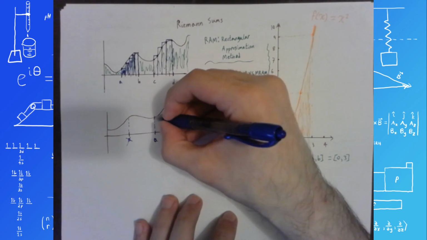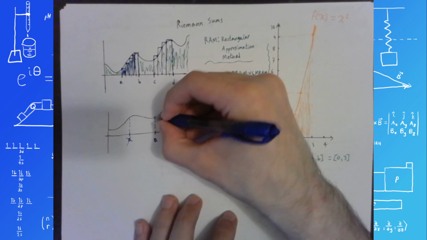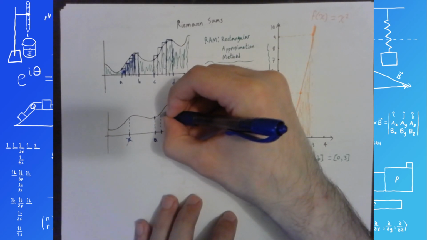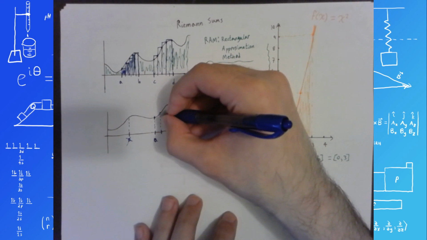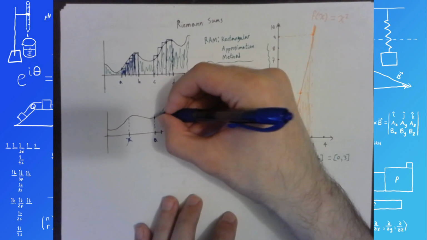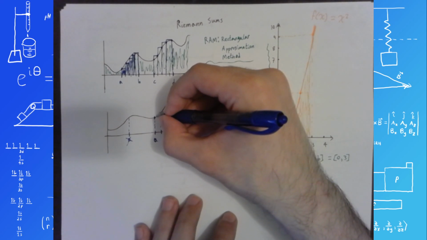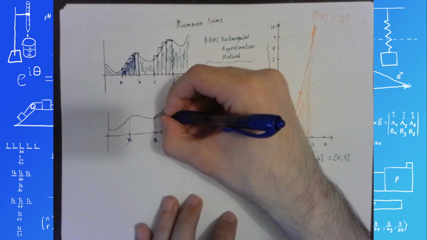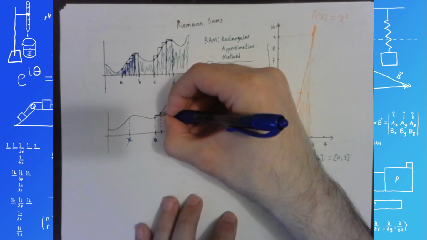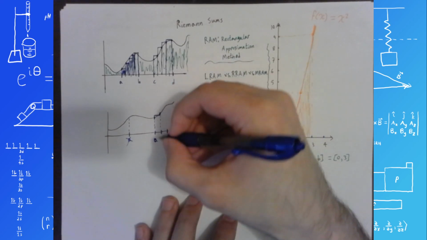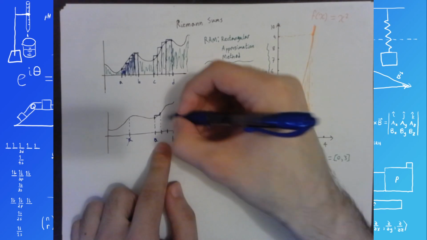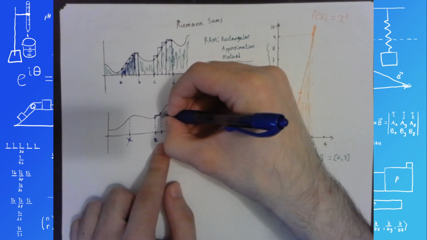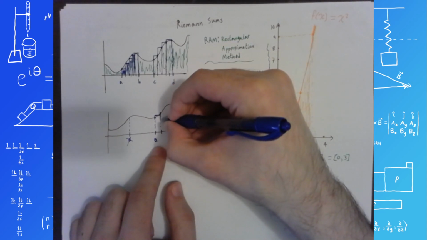So midpoint rule would be I take the left end and then I take where the right end of my interval would hit the function, and then I just take whatever is in between those two. So right here, somewhere between f of a and f of whatever you want to call this, halfway in between, that's what I would use as the height of my rectangle.